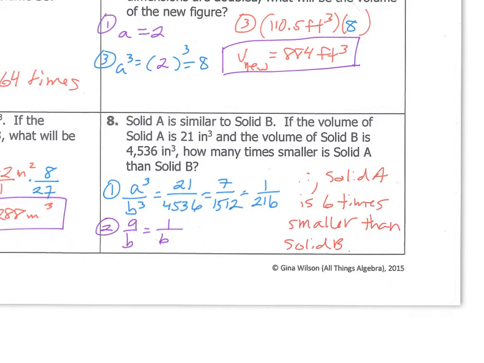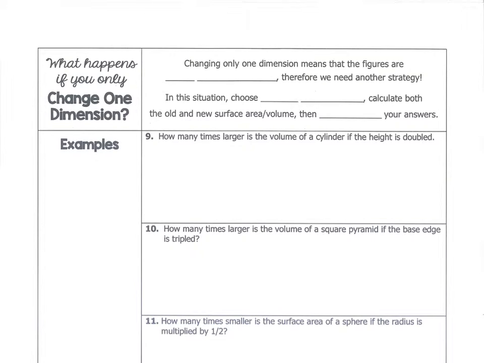All right, now we're going to explore what happens if we just change one dimension, not all of them. So changing only one dimension means that the figures are not similar. So, not similar. Therefore, we need another strategy.